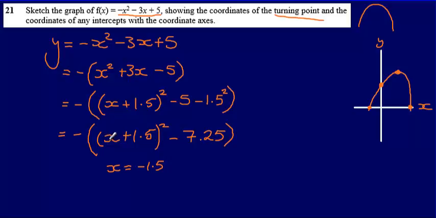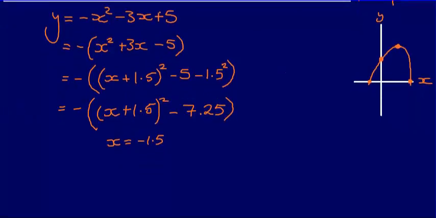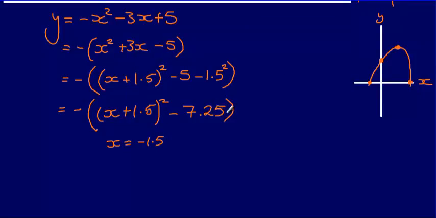So minus 1.5 plus 1.5 squared, that means that would be 0 squared. And which means that my maximum point is going to be the value of y when x equals minus 1.5.